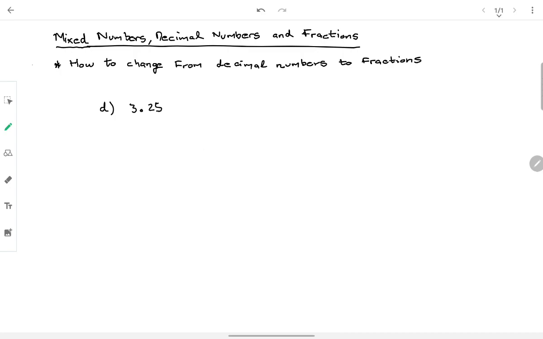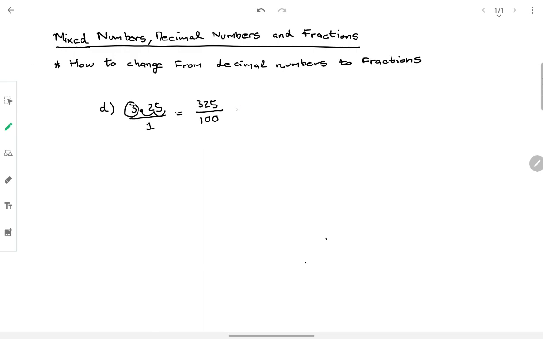If we have 3.25, that means it's divided by 1 to represent it as a fraction. If we move the point 2 spots, that means we will have 325 over 100. Remember, if it's a whole number, it will give us an improper fraction.